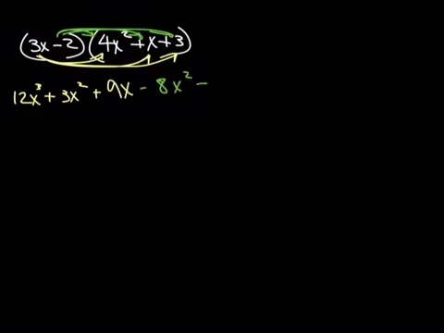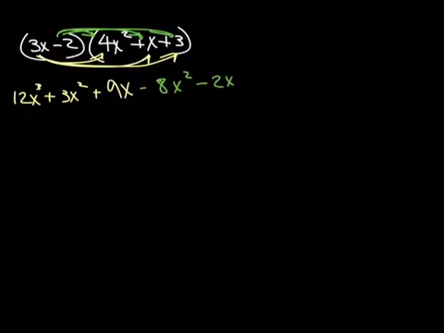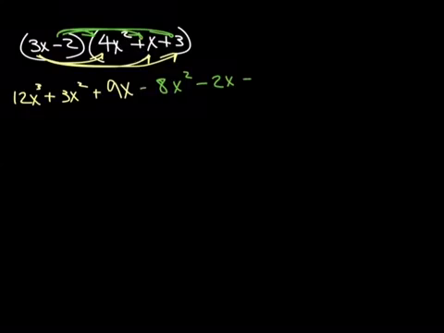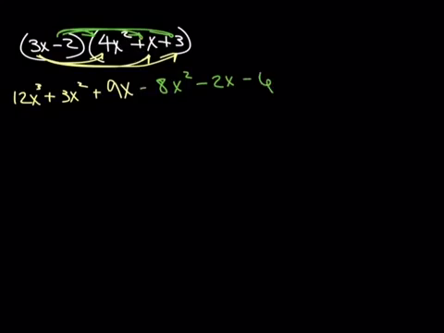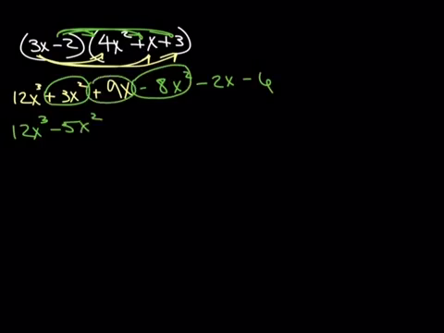Negative 2 times x is negative 2x. Negative 2 times positive 3 is negative 6. And then we combine what we can. That, and that, that, and that, and then that's all by itself. And we're done.